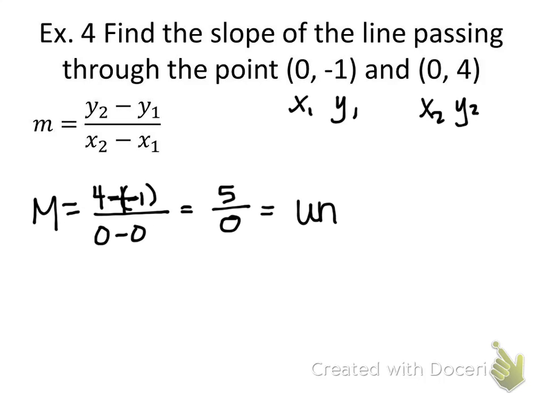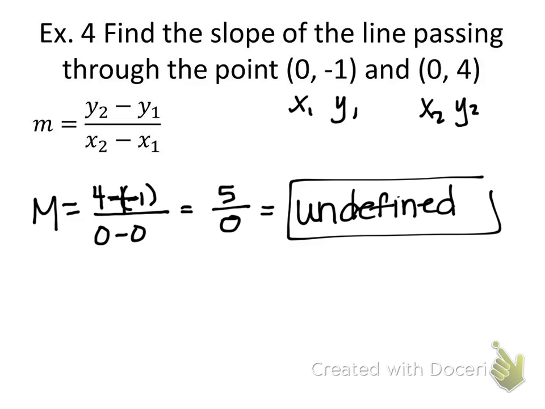It is undefined. So my answer has to be undefined. It's not 0. My answer is not 0. The only time it's 0 is when there's a 0 in the numerator and there's an actual number in the bottom. Anytime you have a 0 in the denominator, your answer is always, always, always undefined.